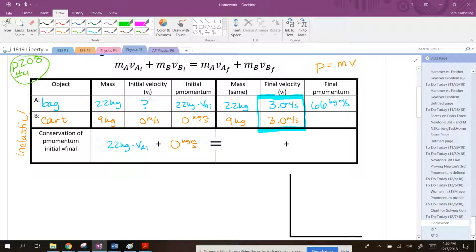So 22 times 3. And the final momentum of the cart is? You got it? So then I'm going to go ahead and write down those two things here in the big equation. So I've got 66 kilogram meters per second plus 27 kilogram meters per second. That gives me a total of 93 kilogram meters per second.